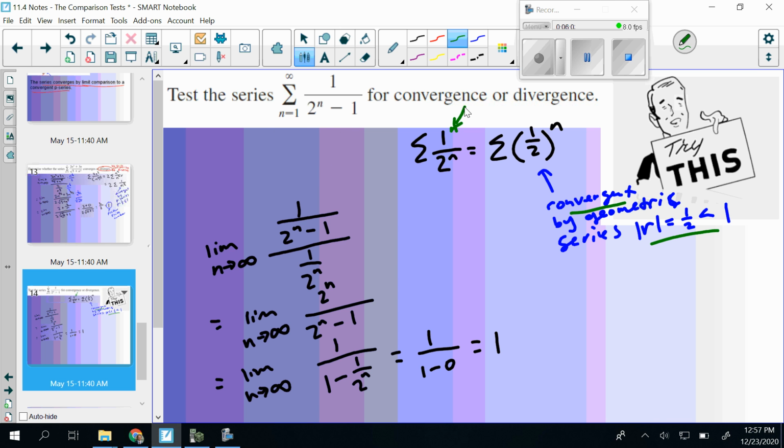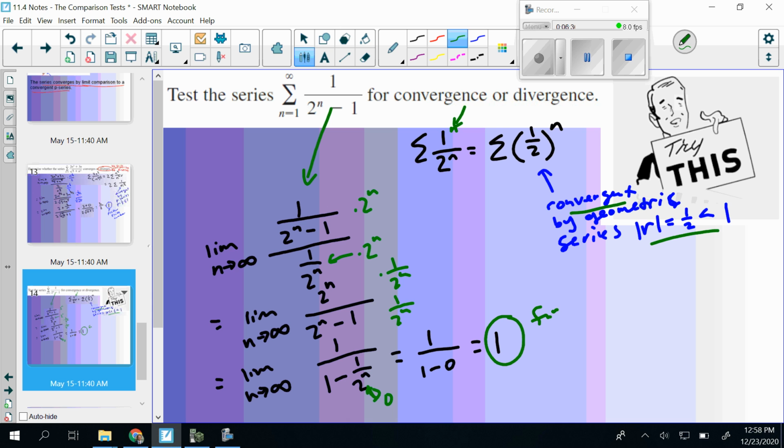We can do limit comparison though, so put the limit series we are looking at and compare it to our comparable one here. Here we can multiply both numerator and denominator by 2 to the n, then multiply by 1 over 2 to the n. Then we have the limit as we go to infinity. That term is going to go to 0, and so we just get 1 over 1, which is 1.